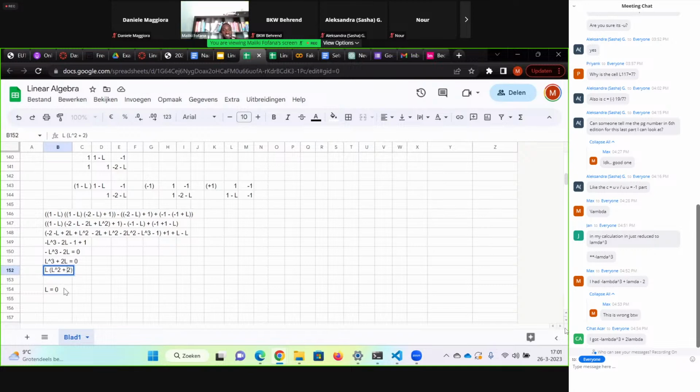Yes, merci. Then the first lambda is 0, the second lambda is plus or minus square root of 2. So we have lambda equals 0, and we also have lambda, and then you can say, okay, I have plus. Now I have a challenge again, because I'm thinking how I am going to write the square root.